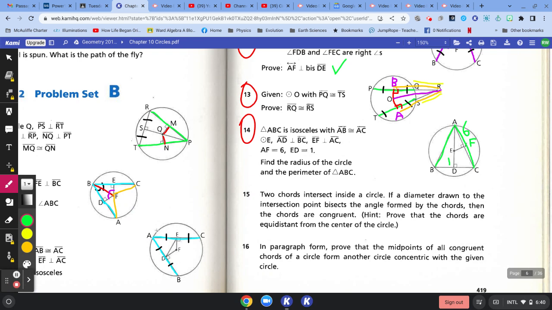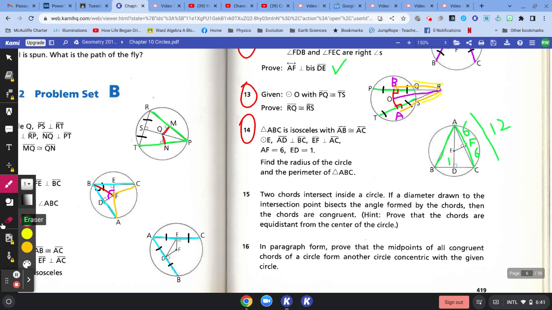But let's identify a couple things we know. If AF is 6, then we also know that FC is 6 because EF is perpendicular to this chord. And so AC is 12. That'll be useful for us.